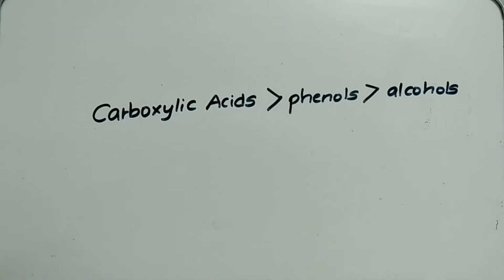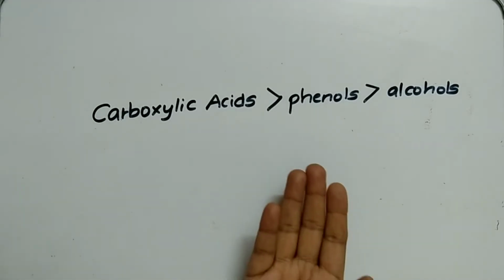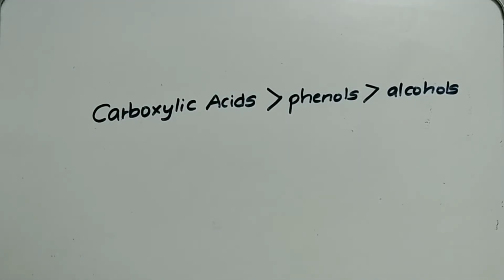If in the exam, three compounds are given, one acidic compound, one phenol, and one alcohol compound, and it is asked to arrange them in their acidic order, you will first arrange any acidic compound, then phenol, and then any alcohol compound. This order we have found based on how they form the ions when treated with water.